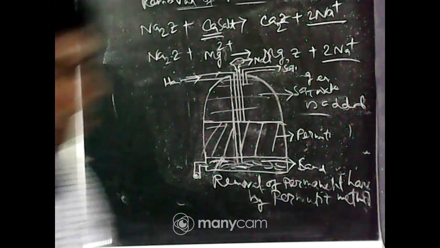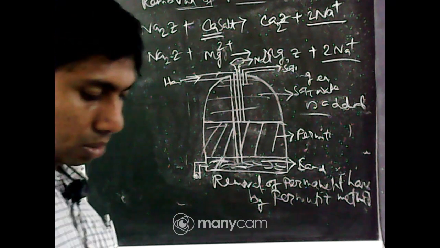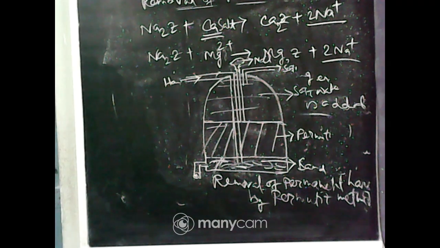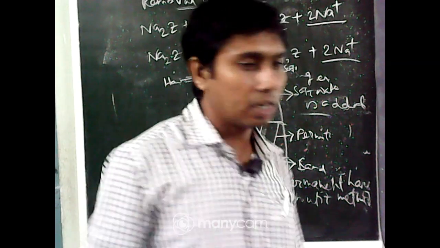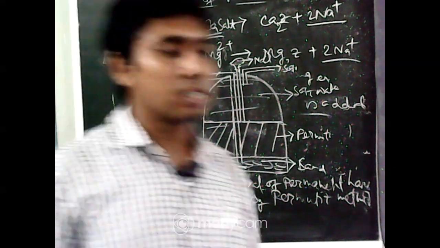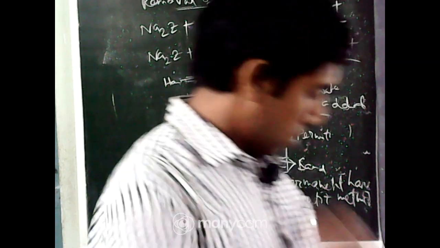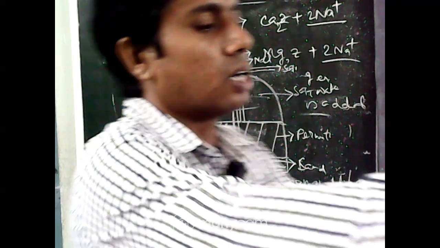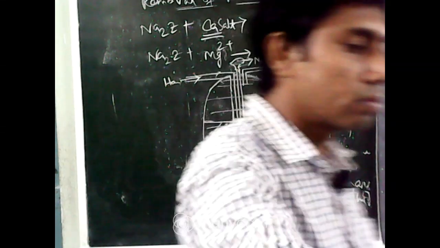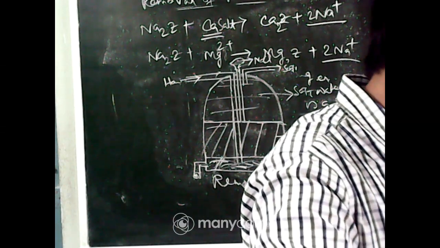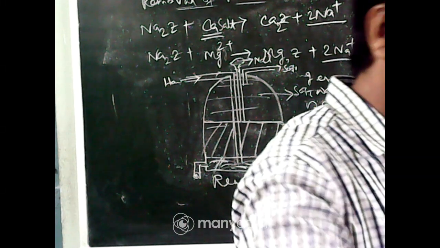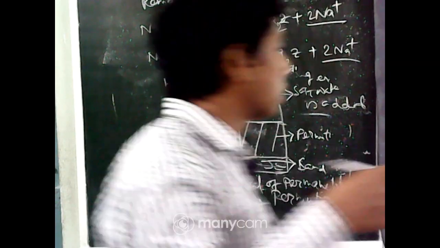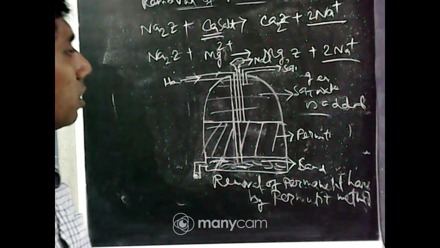So, just to revise today's class, hardness is of two types, temporary hardness and permanent hardness. Temporary hardness is due to the presence of soluble salts like bicarbonates, which can be easily removed.